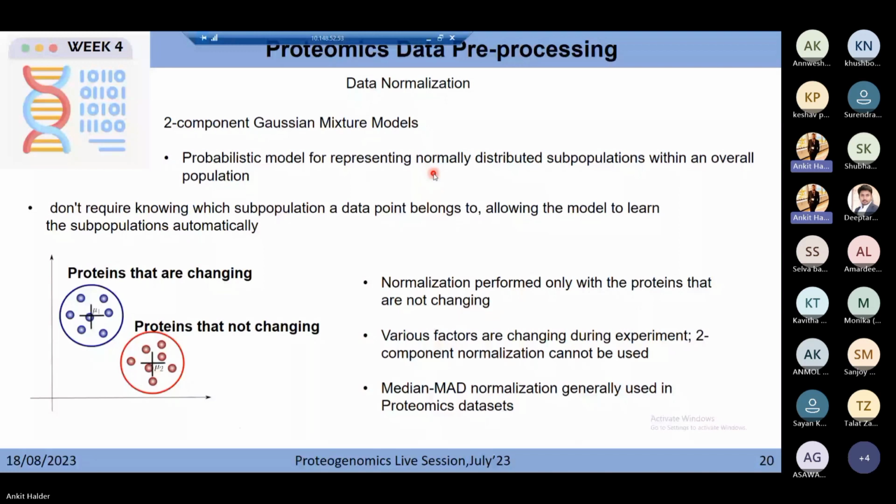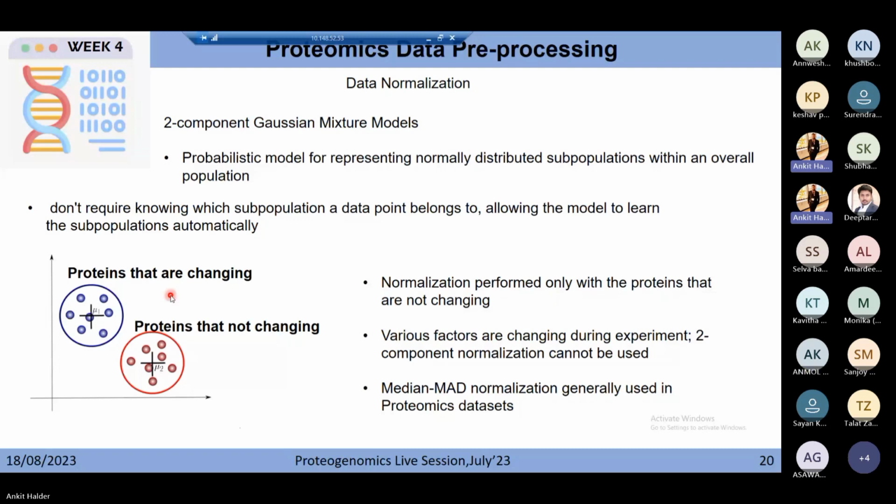So it doesn't require knowing which subpopulation a data point belongs to. What it will do is clustering. You have both control versus control and disease, but it will group them accordingly: proteins that are changing and proteins that are not changing.